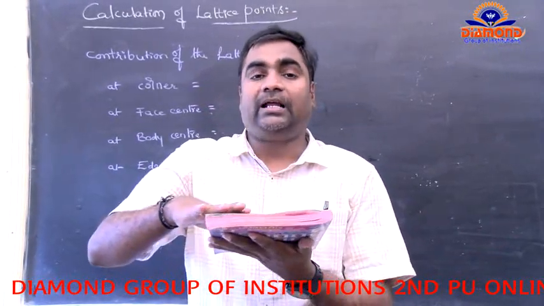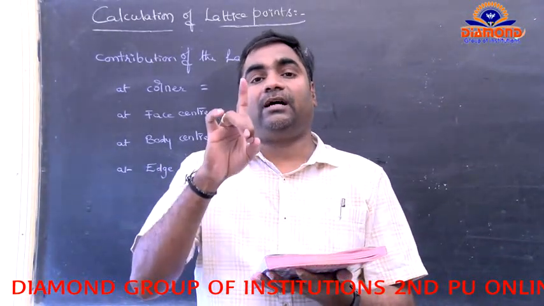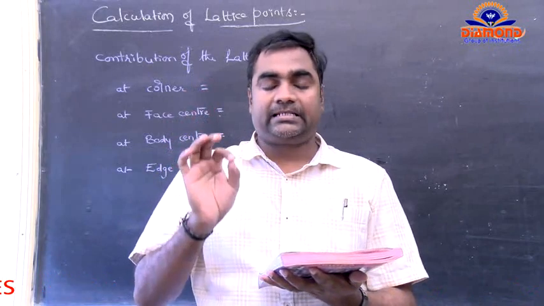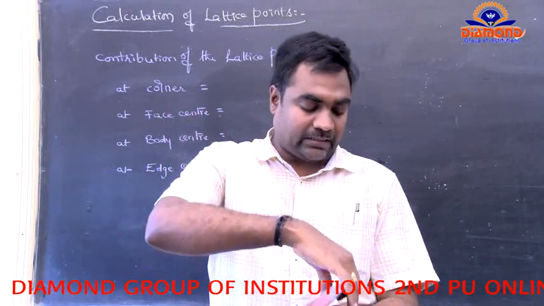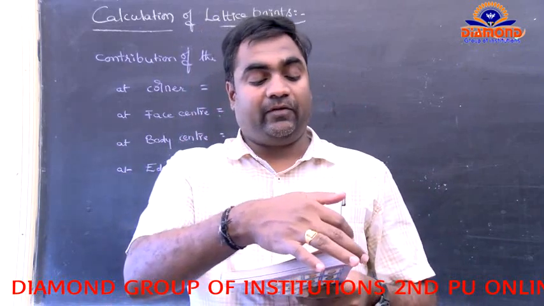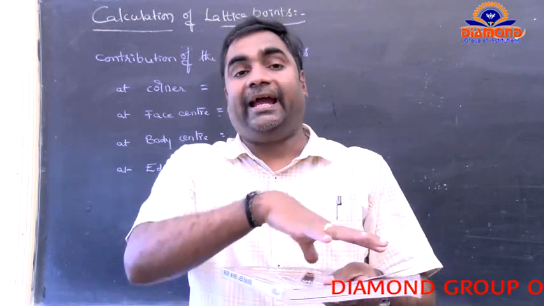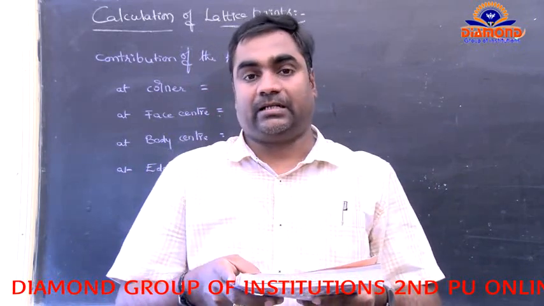In the 8 corners we have to take only one single lattice point at each corner, so 8 lattice points are present.